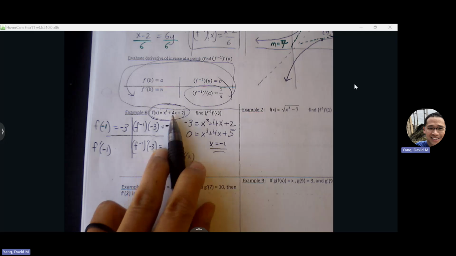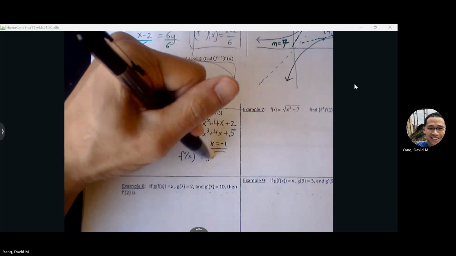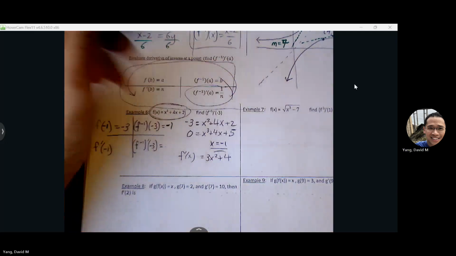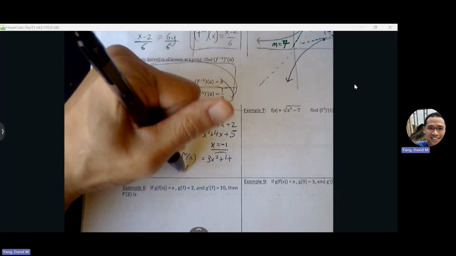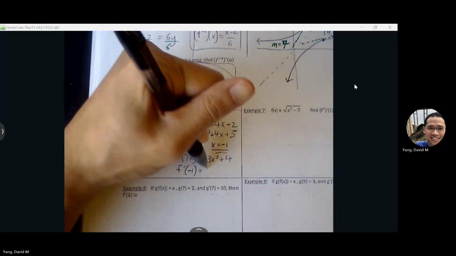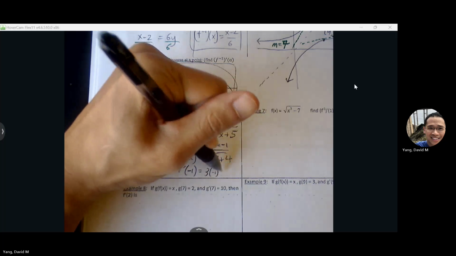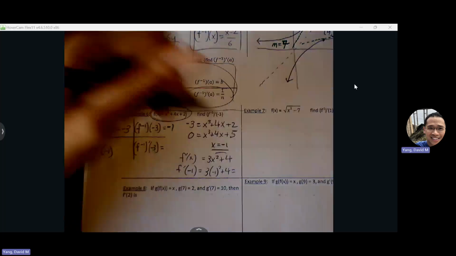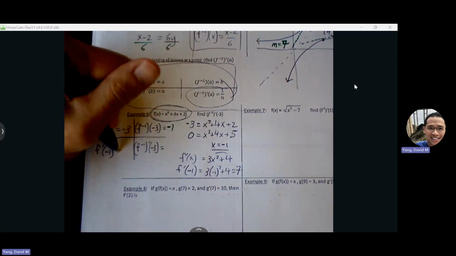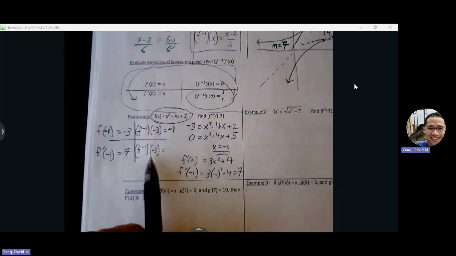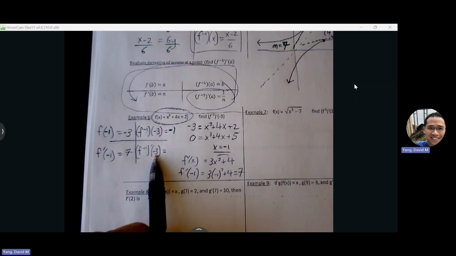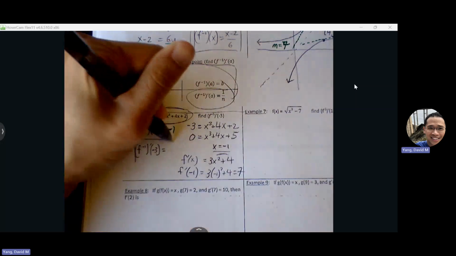Three x squared plus 4. Okay, what's the slope of my f graph at -1? 7. So if the slope of my f graph is 7, then the slope of my inverse at its corresponding point must be 1/7.